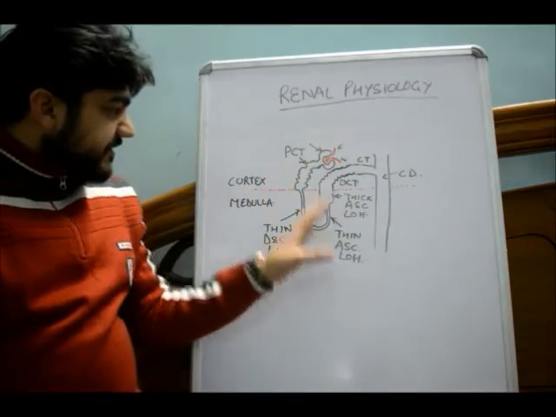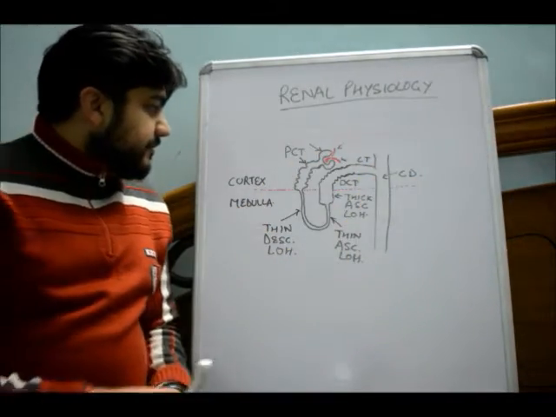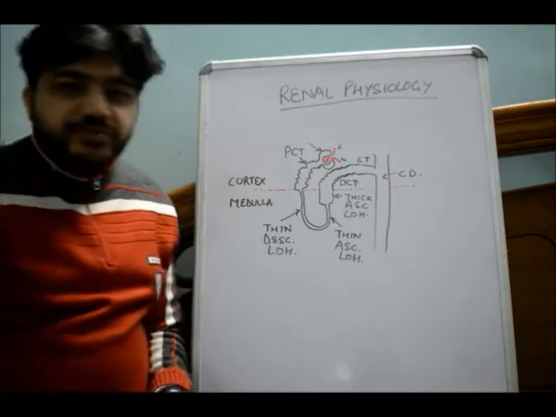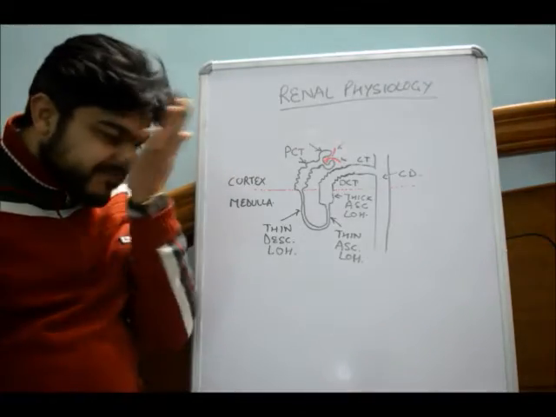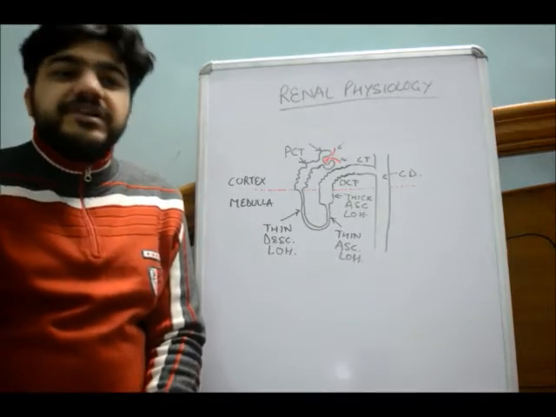So this is a general outline. I had discussed the proximal convoluted tubule and what it is doing. Now coming to the thin descending loop of Henle, this segment is freely permeable to water.